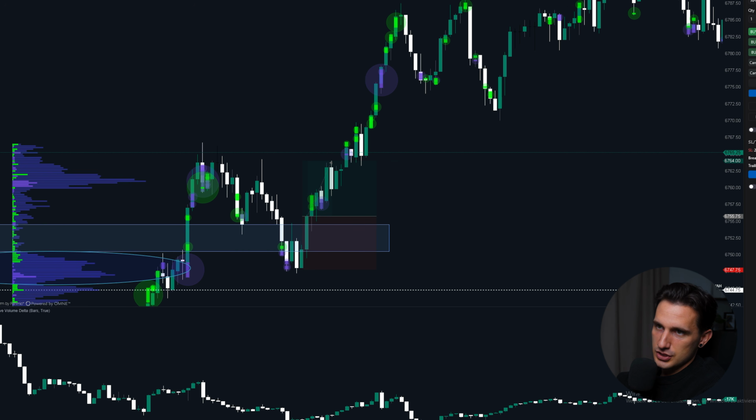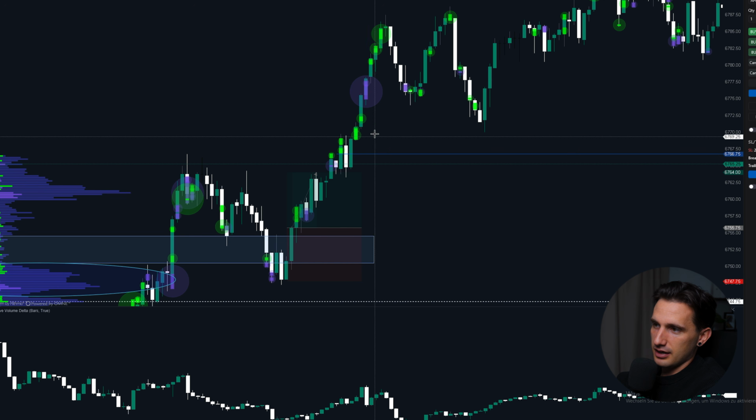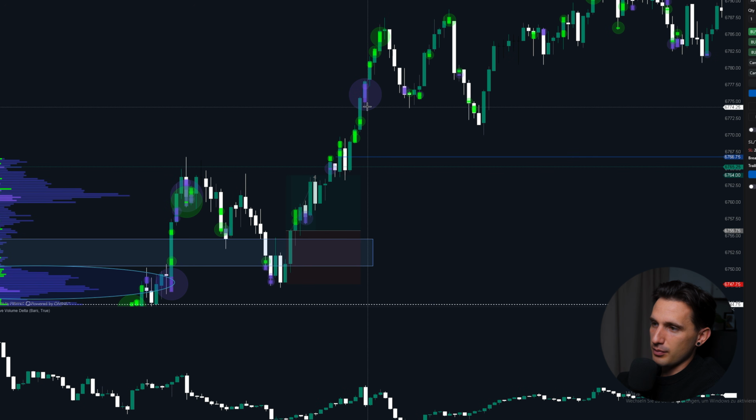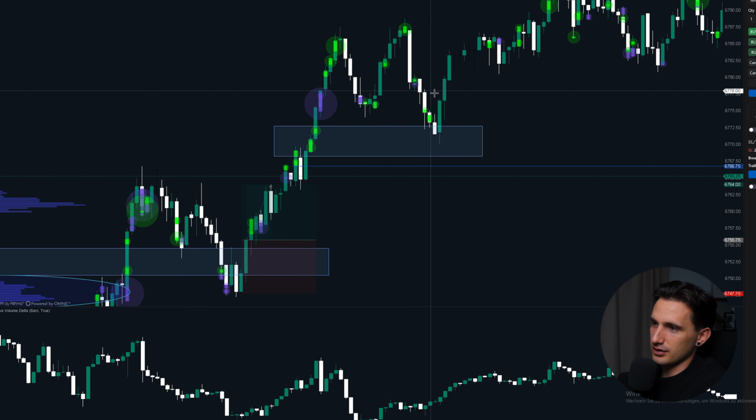So let's make this actually another color. So here on this blue line, you can see this. You put your stop loss because this is a high buying cluster right here, and when the market comes back here, buyers try again to push this level to the upward side because they don't want to go in drawdown. So you can actually see this when I put a box around it and draw this throughout right here. You can see the market comes back here and buyers again step in, trying to save this level and then push back to the upward side.